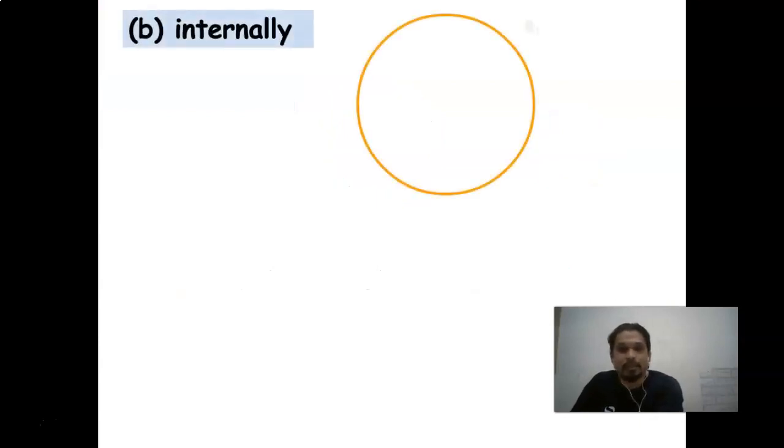And internally, one small circle inside the big circle, and they do not touch at all, just floating inside.